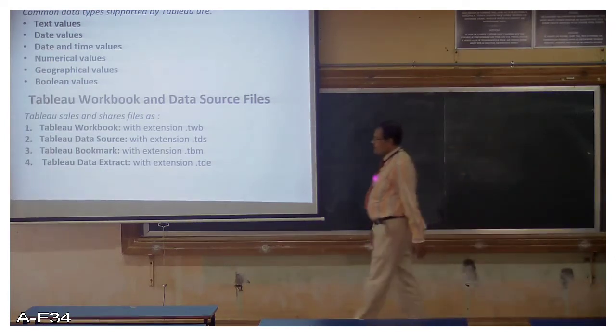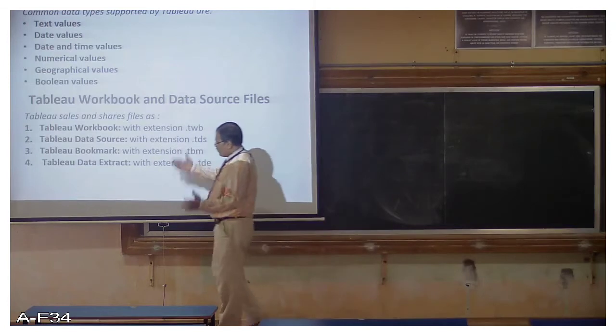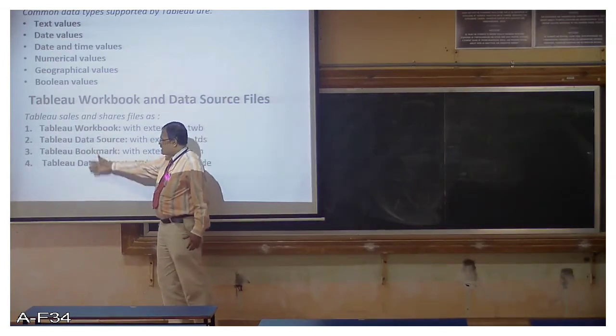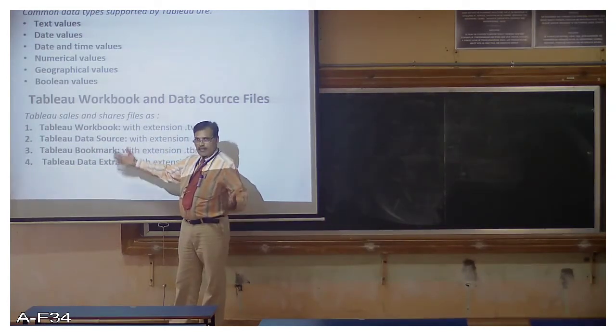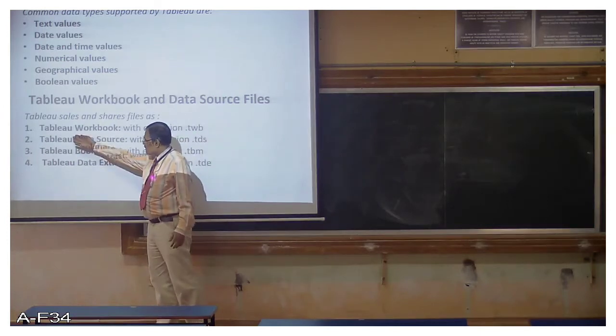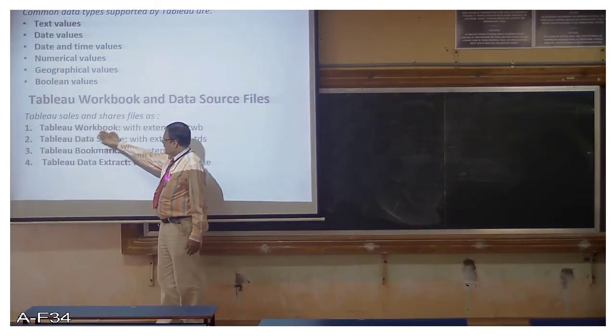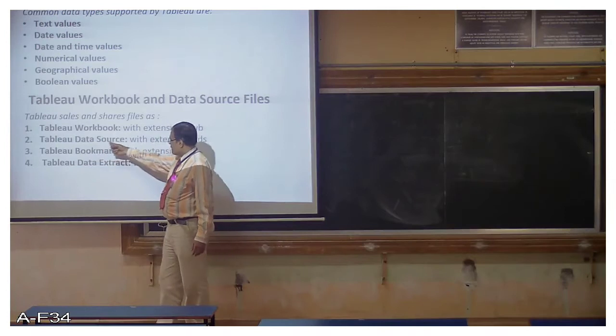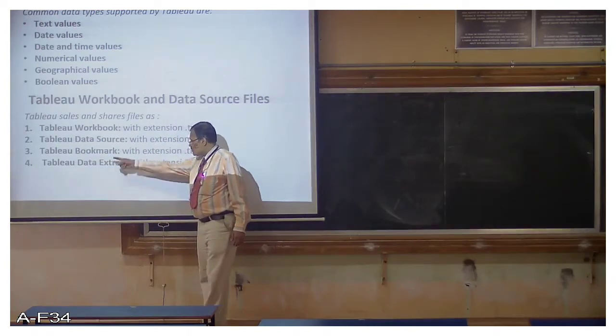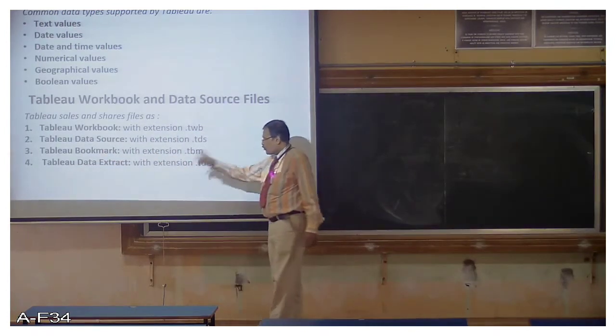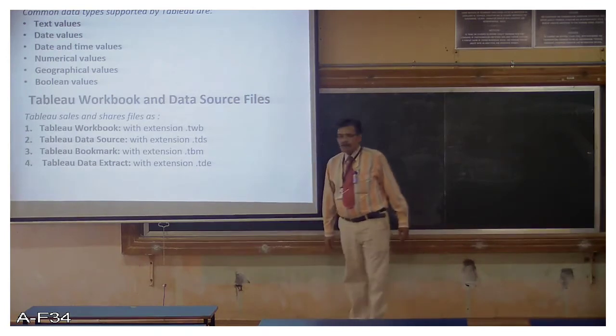In this case there are 4 different types of files that are created and shared by the Tableau software. The first one is Tableau workbook, second is Tableau data source, third is Tableau bookmark, and fourth is Tableau data extracts.